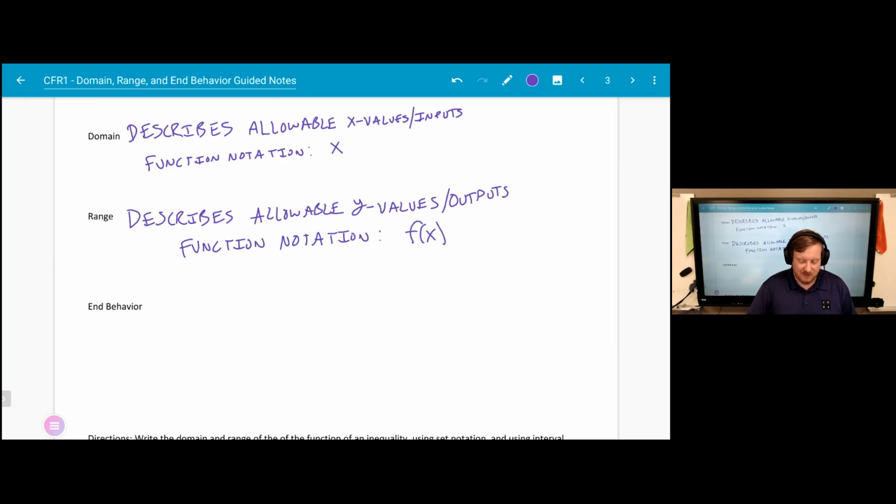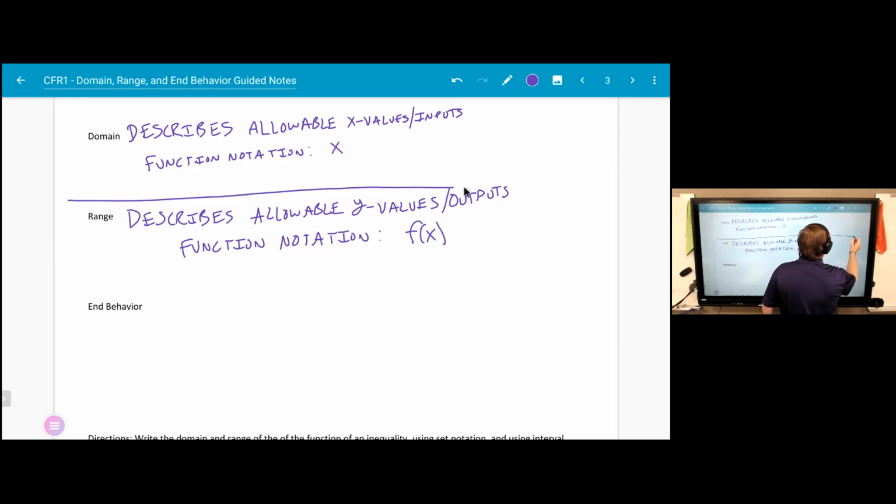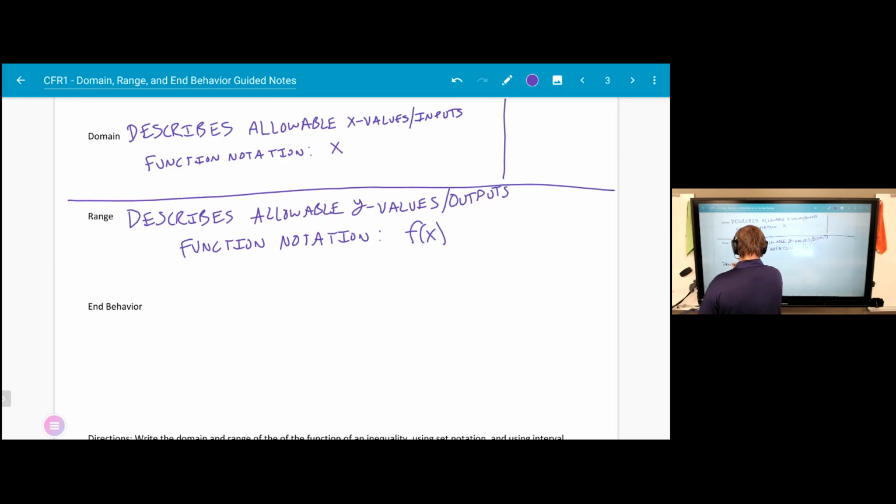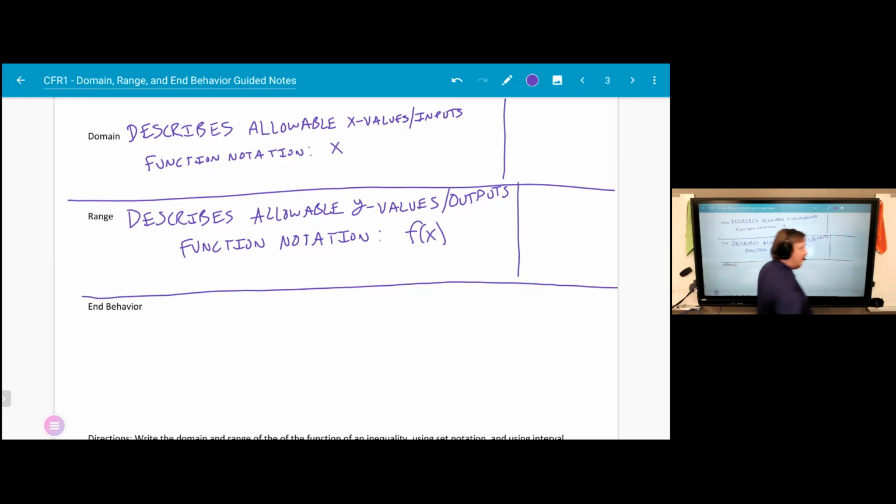Okay, here we go. Now, what I want to talk about, I'm not going to get into end behavior quite yet. I kind of want to put domain and range in here again. I'm going to come back and make some generalizations about it in a little bit. Leave myself some space over here to do so. I'll do some different colors here in a bit.